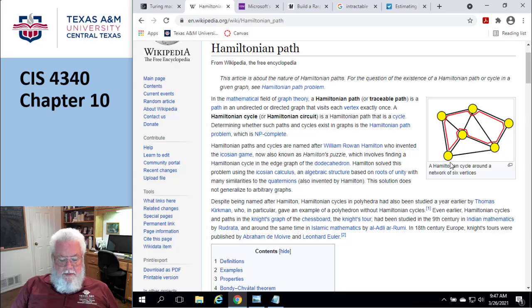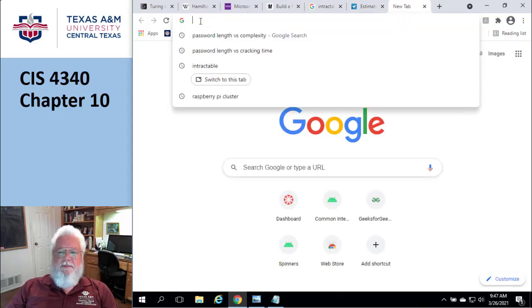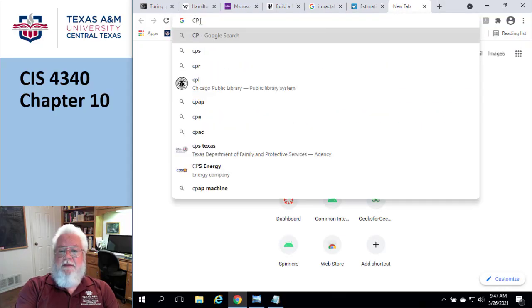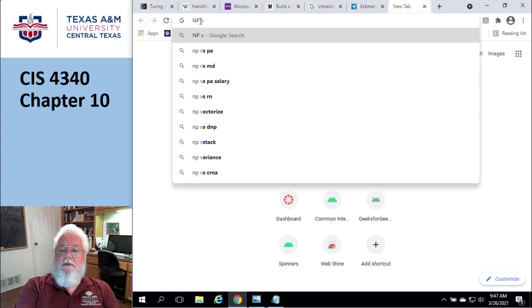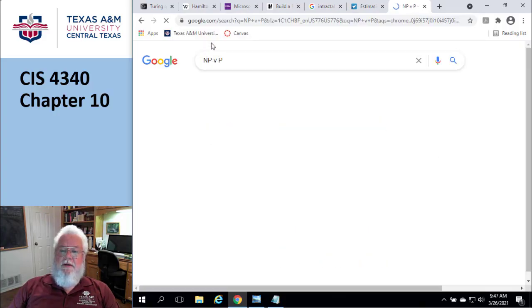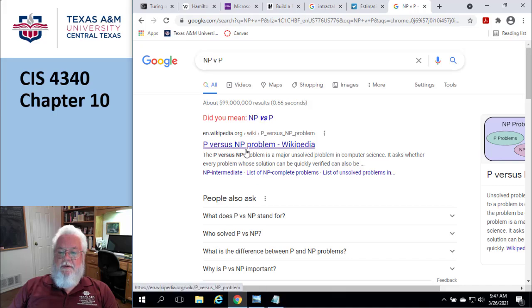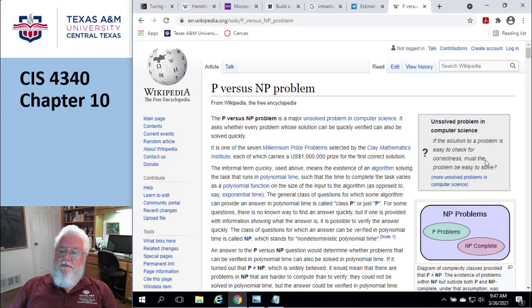Okay, so there's this goofy exercise that mathematicians have been banging around for quite some time, and it just has a name called NP versus P. Okay, it's just what it's called. So this is one of those mathematician kind of things. It could be that all NP problems either get categorized as P problems or NP complete problems.